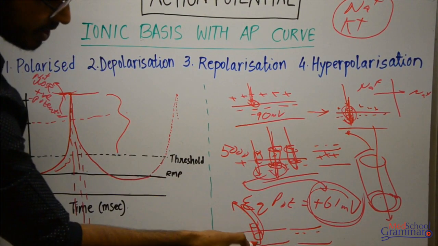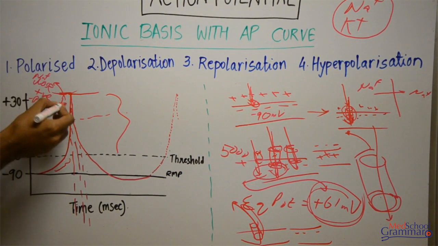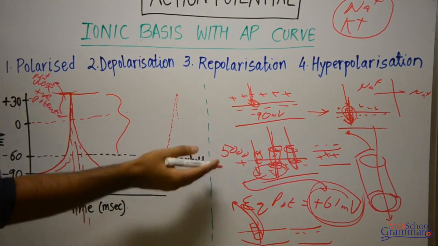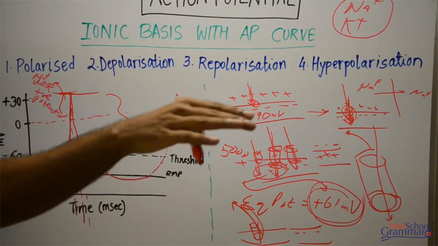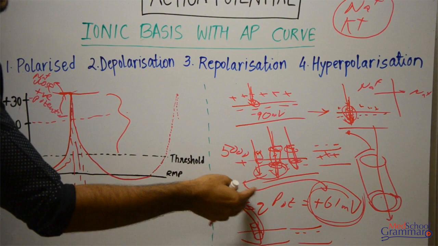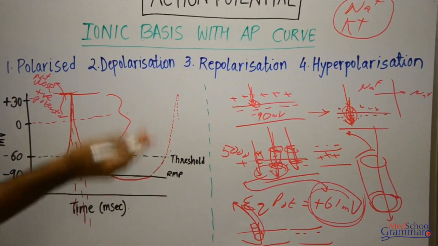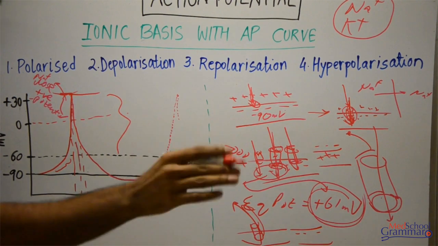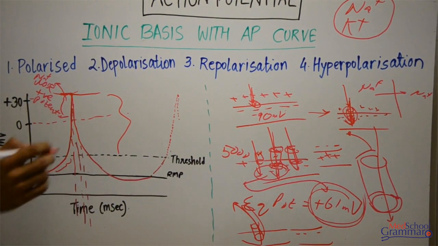Why? Because when suddenly the potassium channels open, a large amount of potassium moves out, leading to a sudden fall in the positivity. But as the potassium moves out, the electrochemical gradient of potassium reduces, right? Because potassium gets accumulated outside, so it will oppose any more potassium coming. So the speed of potassium moving out, or the potassium efflux rate, reduces, and this causes slow repolarization.